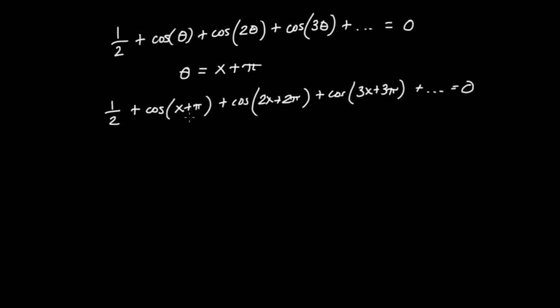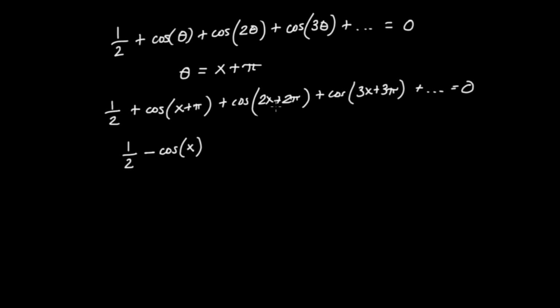Now, let's look at the effect of this addition of these multiples of pi to the cosine wave. Adding pi, in terms of what it's doing to the cosine wave, it's shifting the wave leftward by pi units, which if you draw that out, is going to have the effect of negating the wave. So I come to cosine of x plus pi is just equal to negative cosine x.